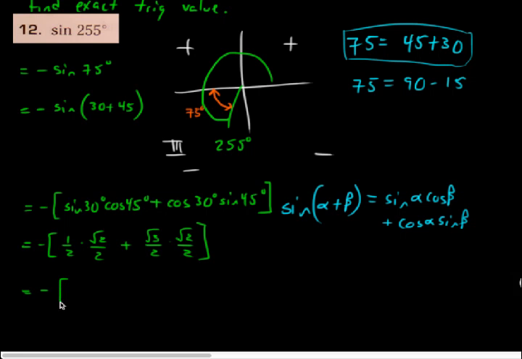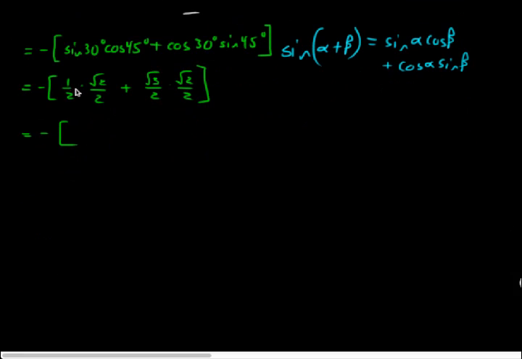So that's the opposite of. Let's scroll down. And so this is rad 2 over 4 plus rad 6 over 4. So that will equal negative of rad 2, actually we want to make the negative outside the fraction, rad 2 plus rad 6 all over 4.